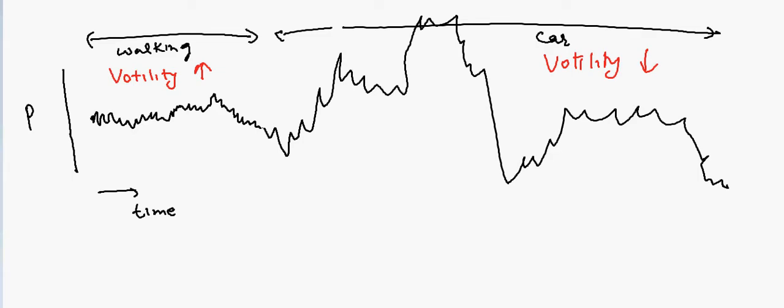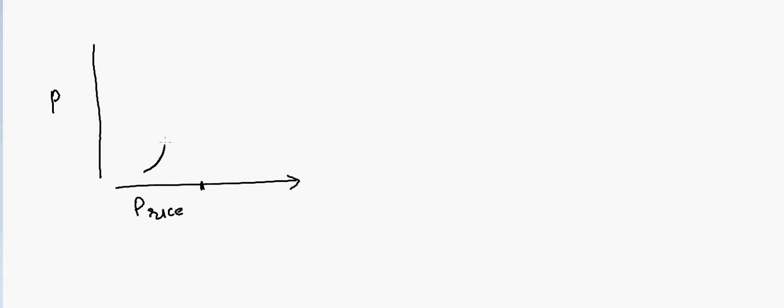So suppose now I draw the same kind of probability distribution. What the stock will look like is this. If this is the probability, and this is the price, right now the stock is at this point. Now if the stock is walking, then the distribution will look something like this.